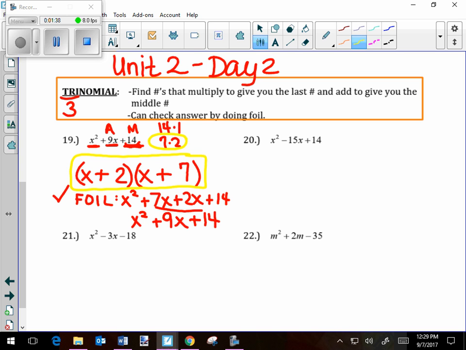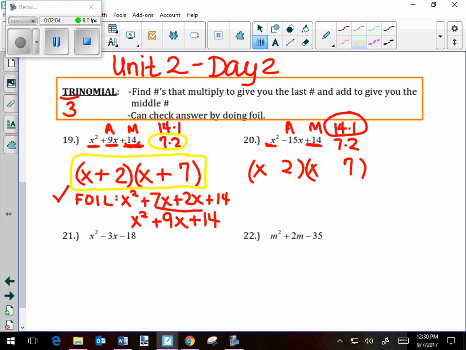So if we continue on now and do the next one, our number is 14 again. So we have 14 and 1 and 7 and 2. And this time I'm going to pick these because those two numbers add to give me the 15. When I set up my parentheses, I have x and x to give me the x squared, and for 14 I need 7 and 2.